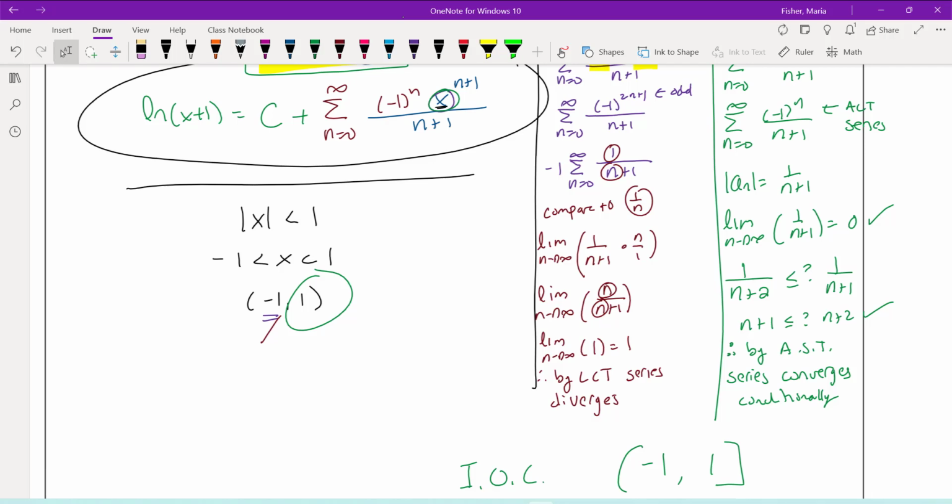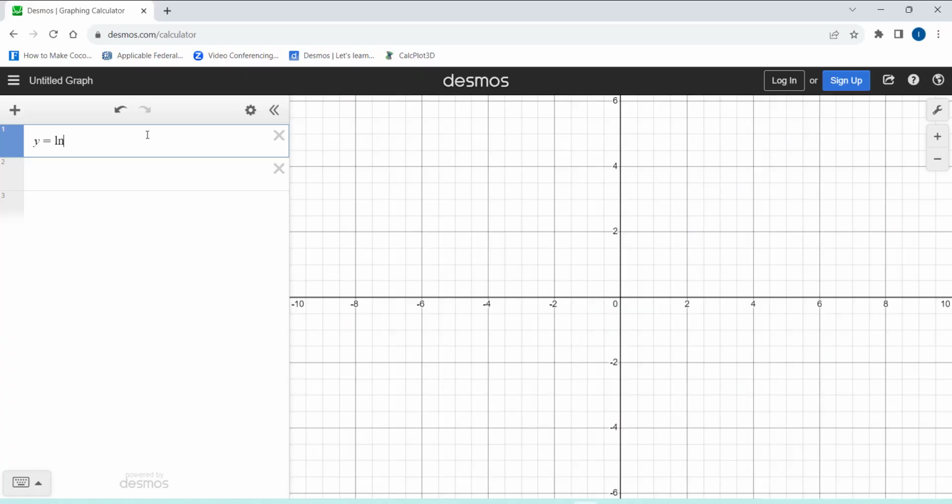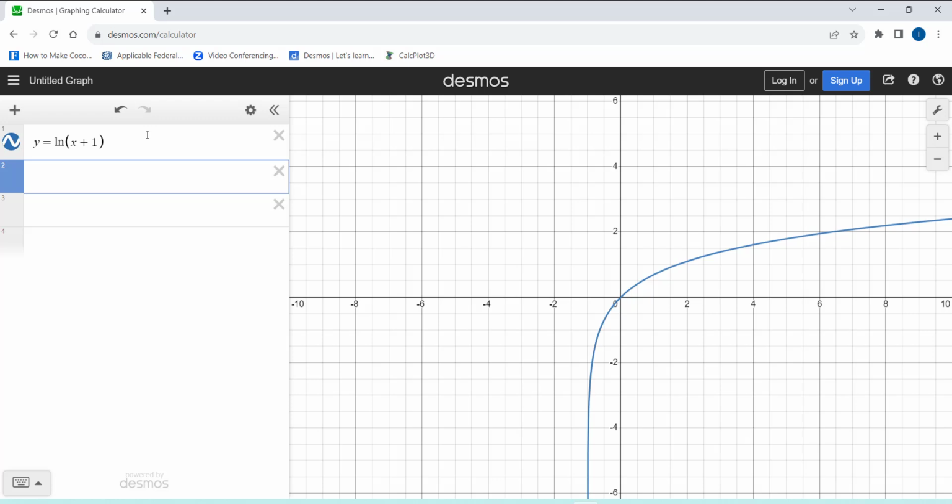If we think about this one graphically real quick, just like we looked at our last ones, y equals the natural log of x plus 1. And then for our other one, we have y equals the sum from n equals 0 to, and let's give it a slider, a, of negative 1 to the n times x raised to the n plus 1 all over n plus 1.